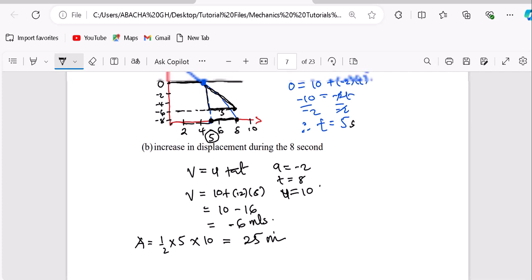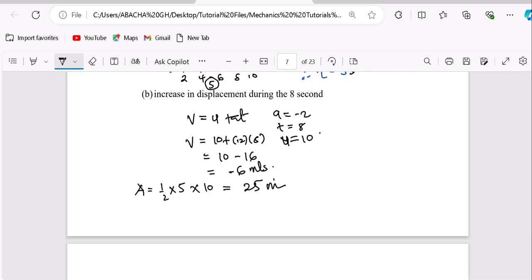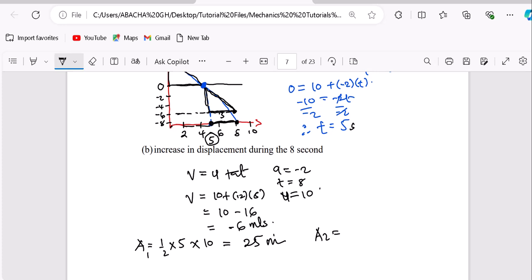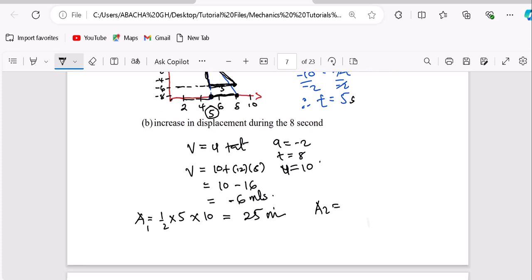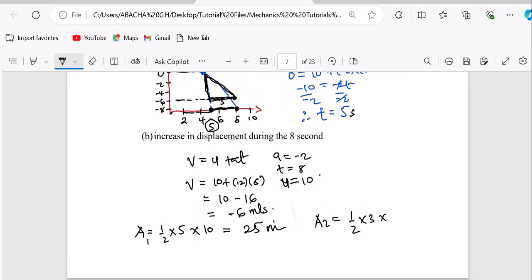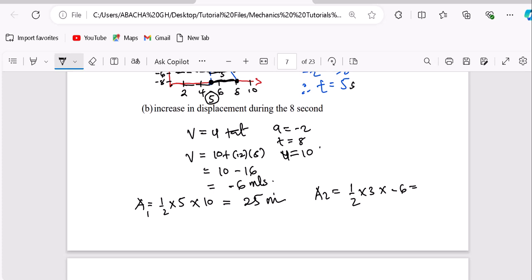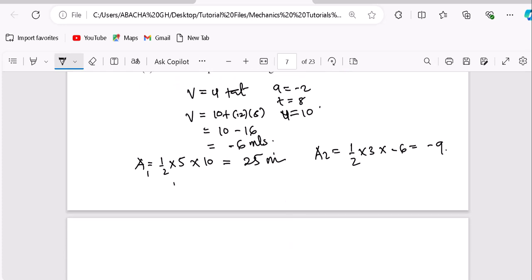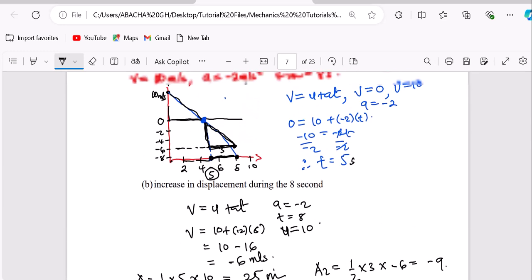Then the area for the triangle down here, area 2, the base is 3. So we have half times 3 times the height, which is -6, and everything here gives us -9. And so the displacement d equals A1 plus A2, which is 25 minus 9, and that's equal to 16 meters. So this is the displacement for that part.